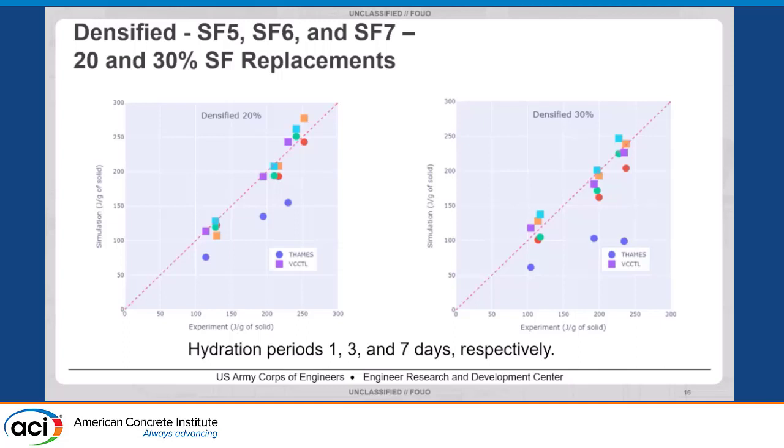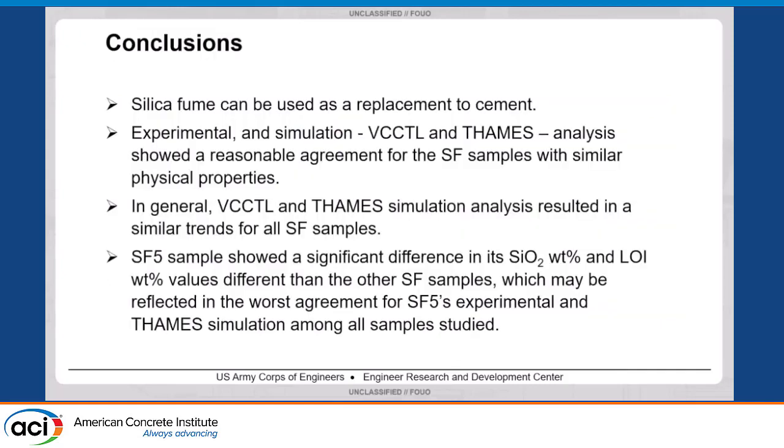The values don't match. THAMES is not doing a great job. It is not exactly agreeing like VCCTL and the experimental data. So we still need some work for specific types of sample like SF5. So we need another normalization factor, maybe in silica percent rate, I'm thinking.